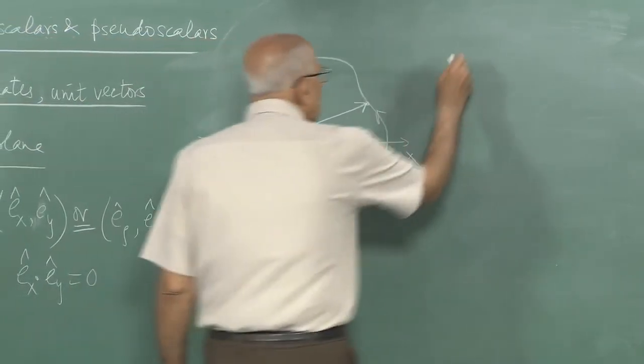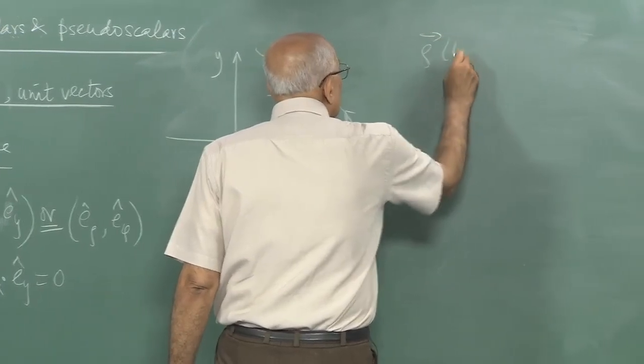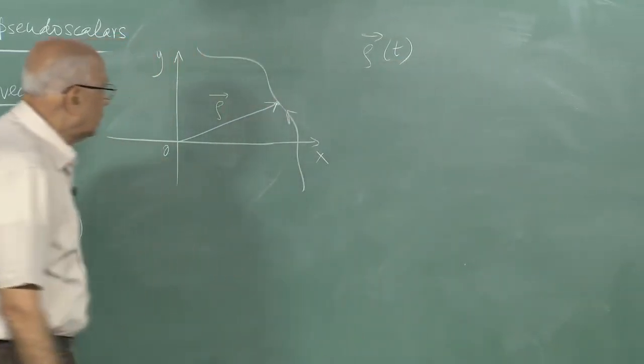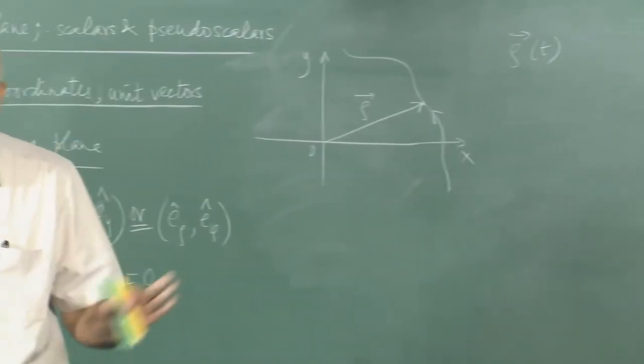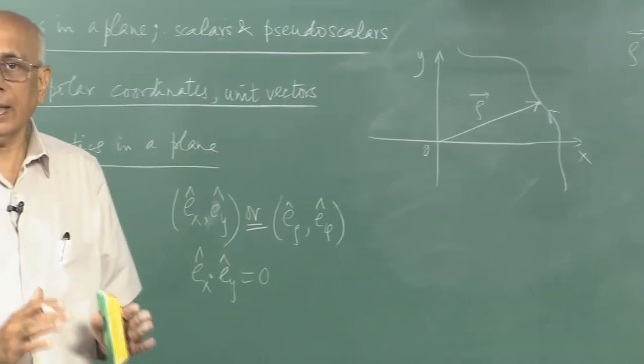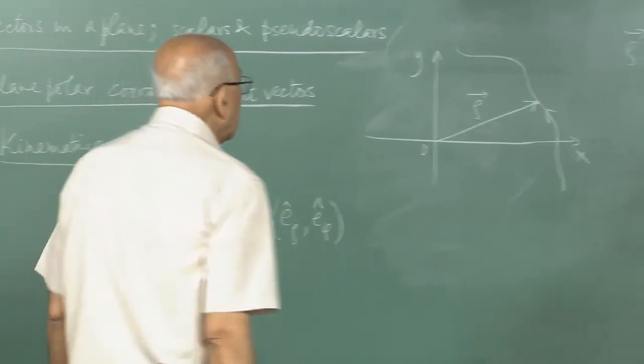It changes from time to time. So rho is a function of time. The position vector of a particle moving in a plane in some arbitrary fashion is a function of the time.